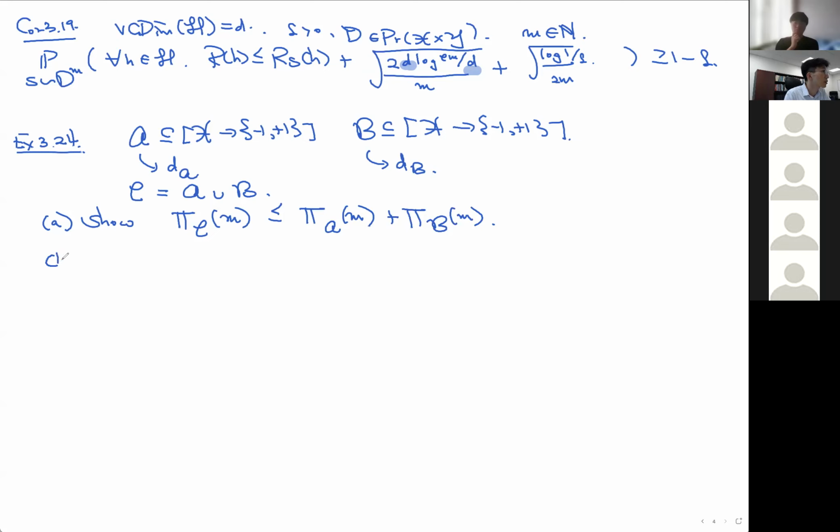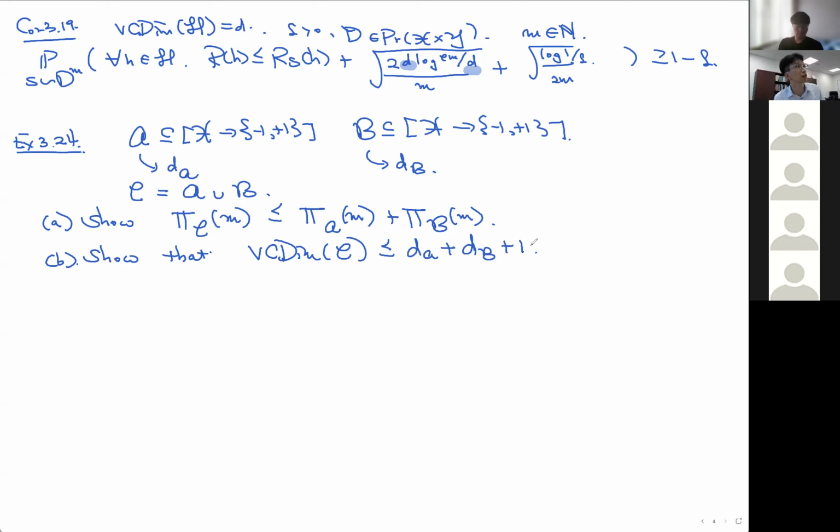The second exercise asks you to prove the following. If I phrase it in a more difficult way, show that the VC dimension of C is upper bounded by the VC dimension of A plus the VC dimension of B plus 1.